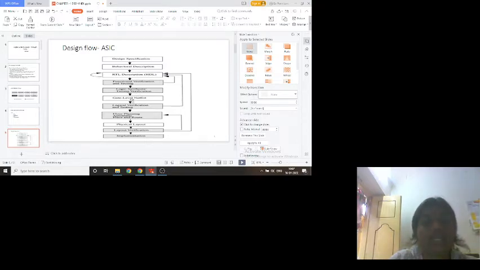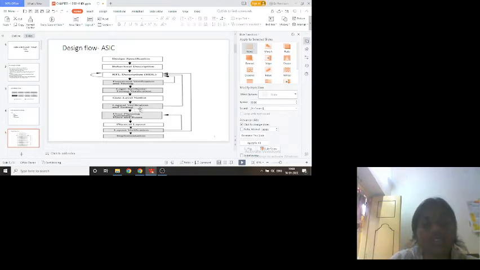Gate level netlist means the circuit is represented in terms of logic gates. The tool itself will generate the gate level netlist and convert RTL to gate level. With this step, logical verification and testing will be performed.